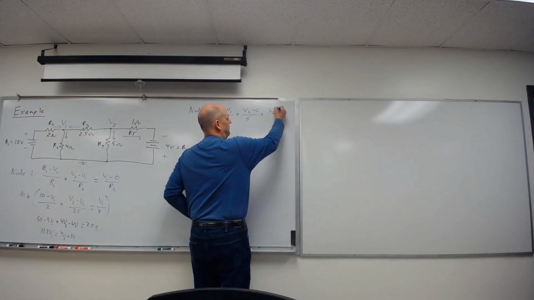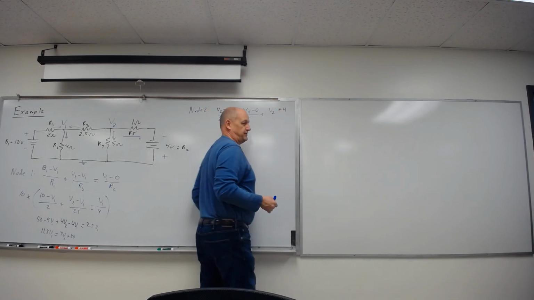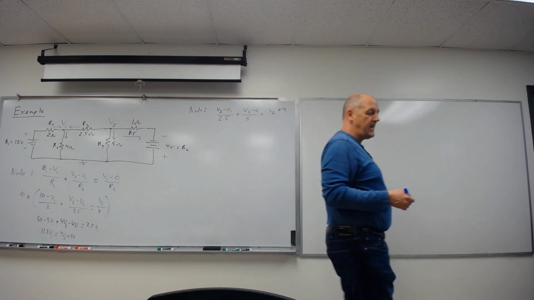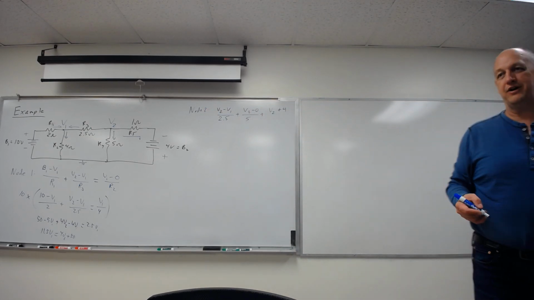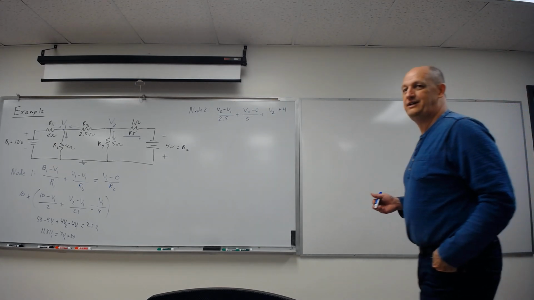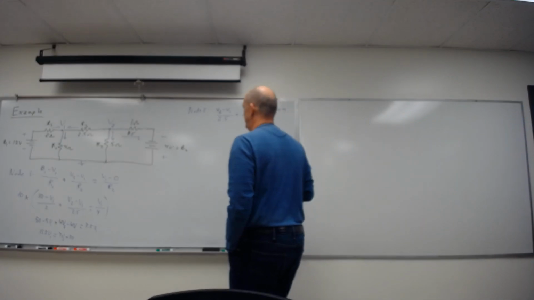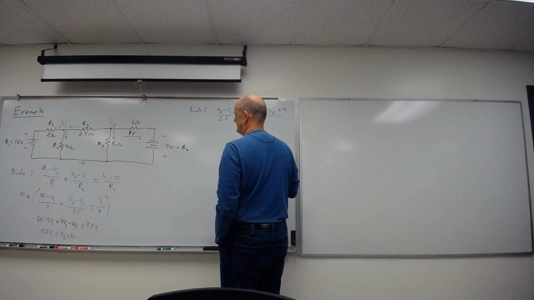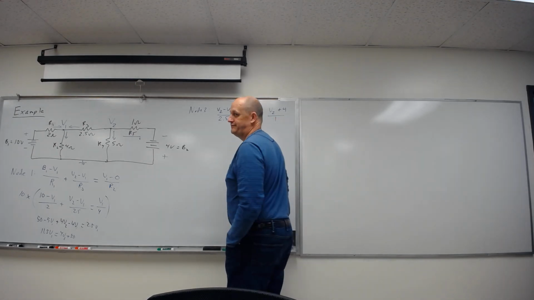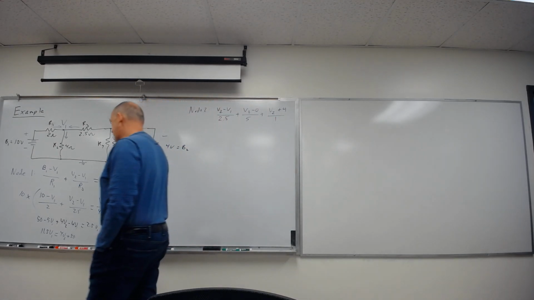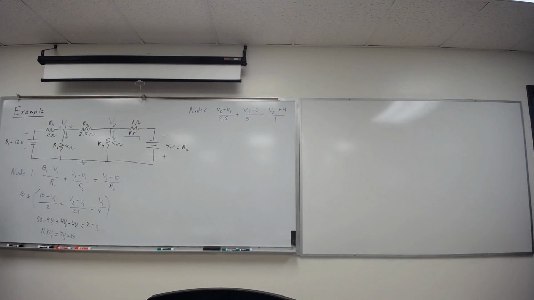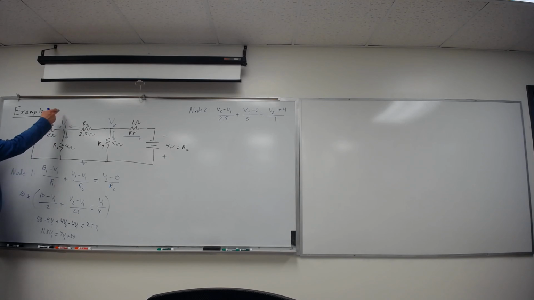So I'm really going to have plus 4 volts, right? I would have it negative if the polarity were flipped on that. Over 1 ohm. So that's due to my polarity. And if it ever confuses you, look and say, hey, if I were down here, I'd go V1 minus 10, over this would be my difference.